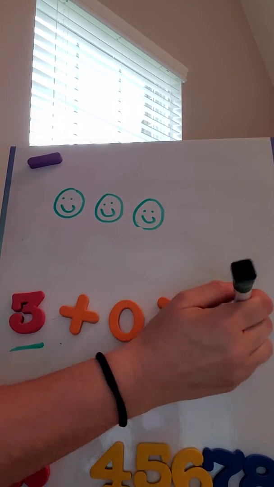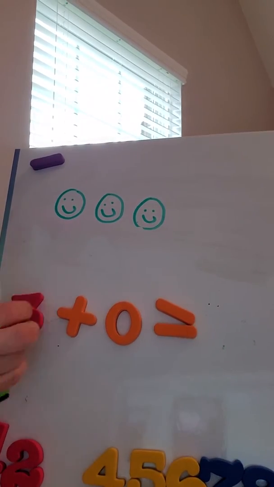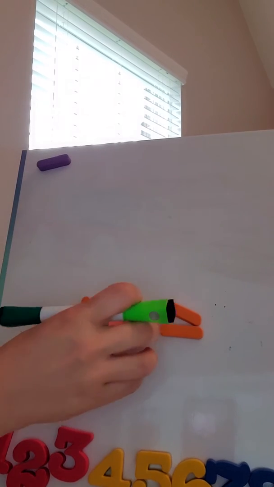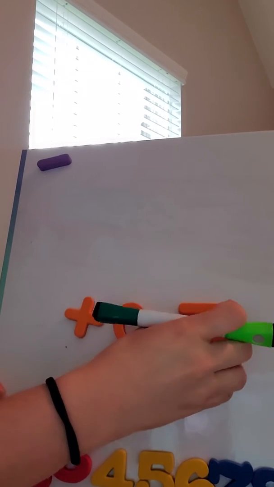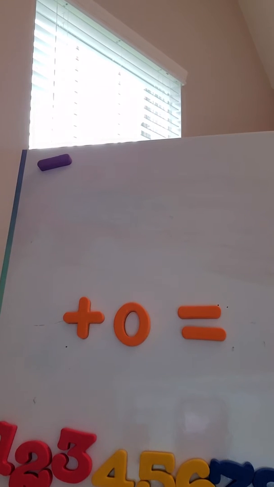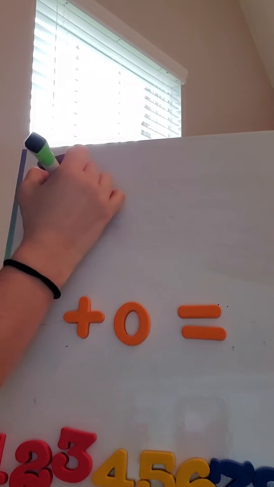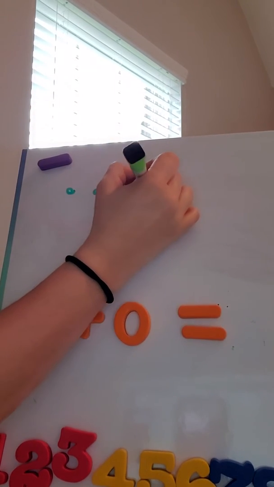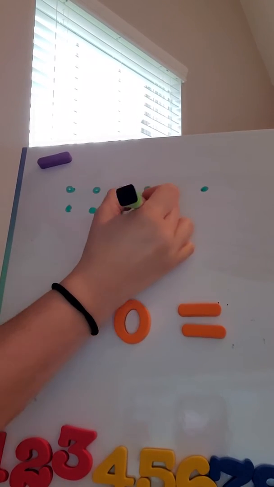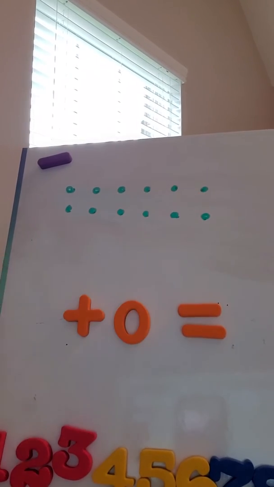So let's try another one, and then I'll give you some math problems to try on your own. All right, let's try, oopsie, my equal sign is falling apart. Let's try, okay, I'm going to make a really big number. How about 1, 2, 3, 4, 5, 6, 7, 8, 9, 10, 11, 12.